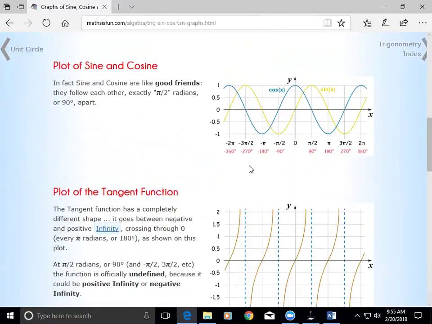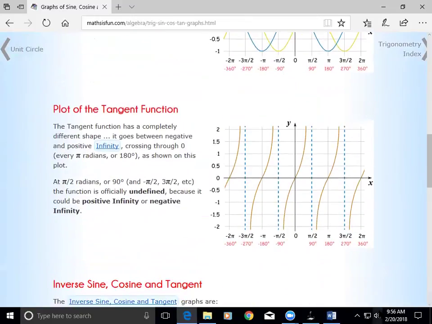Now, if you put them together, make sure you see visually that they're the same graph, just shifted. If you shift the sine graph over pi over 2 radians, that's what the cosine graph looks like. Or if you shift the cosine graph to the right pi over 2 radians, it would look like the sine graph.